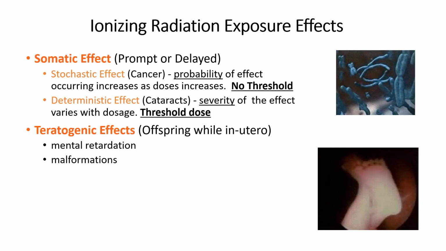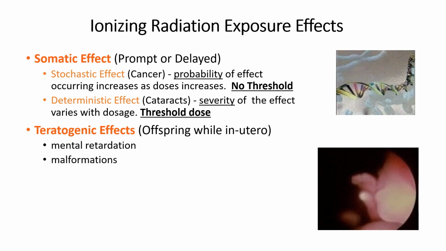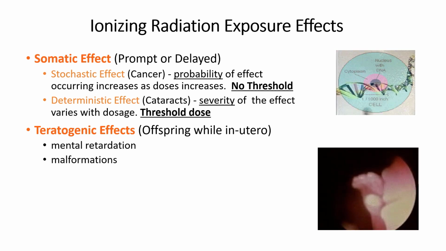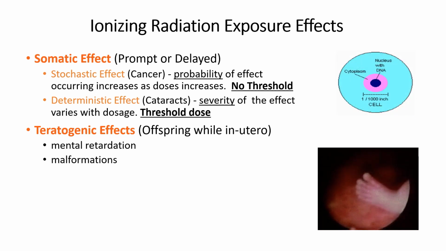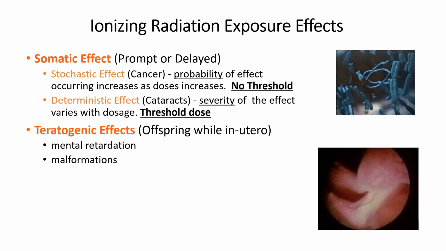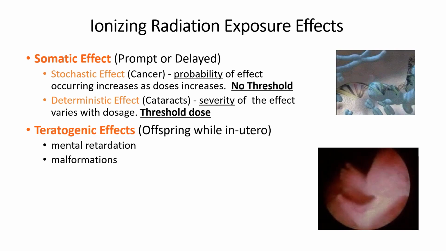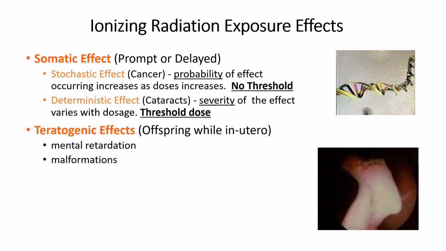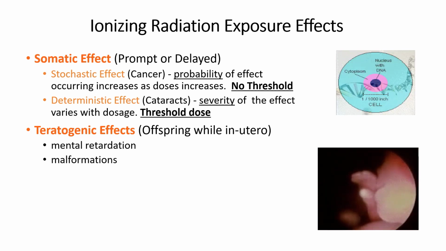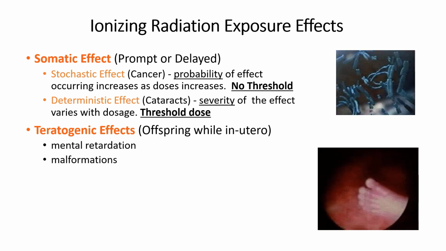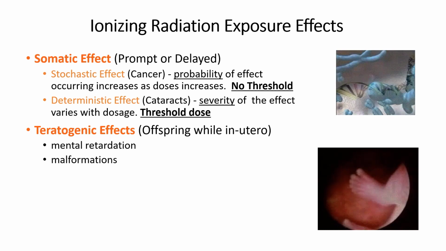This slide shows the effects of ionizing radiation exposure on tissue. It shows the effects of both low dose and high dose. Know that the stochastic effect is associated with the dose in radiation used for medical imaging, or low dose.